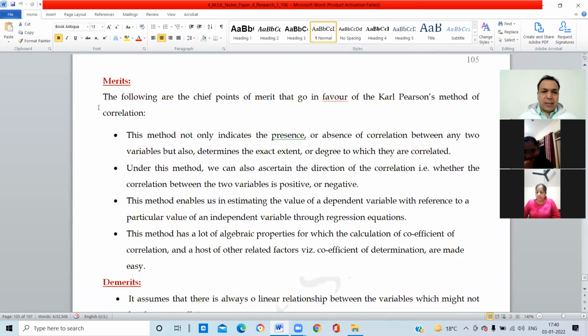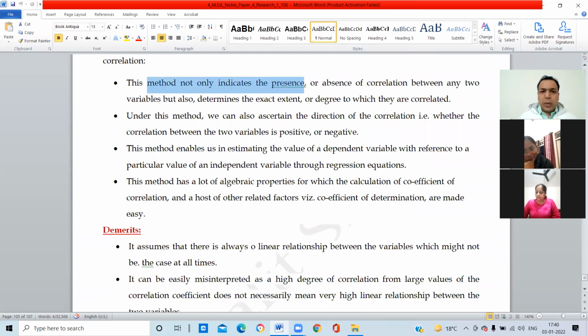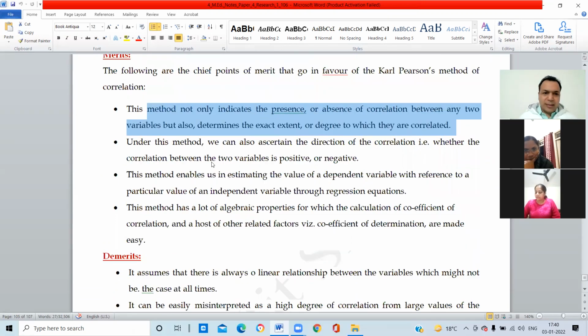Now we talk about the merits and demerits of this Pearson's method of correlation. This method not only indicates the presence or absence of correlation between two variables, but also determines the exact extent or degree to which they are correlated. Right, guys?